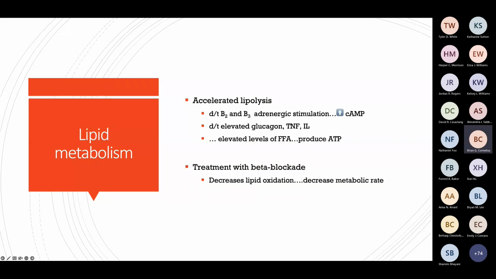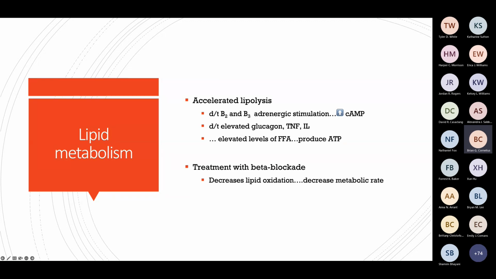So from a lipid standpoint, you generally have an accelerated lipolysis. This may also be due to direct tissue injury. So there's not really an easy way to look at it, but if, again, you have increased depth of burns, you have that increased lipolysis, whereas just because you have an increased body surface area burn doesn't necessarily mean it's going to happen.